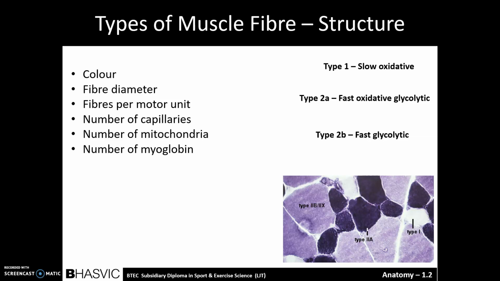The number of myoglobin also is similar to the number of mitochondria. So the slow oxidative muscle fibers would have the highest number of myoglobin, as the myoglobin is used to hold on to or store oxygen, which then can be used from those stores when needed.